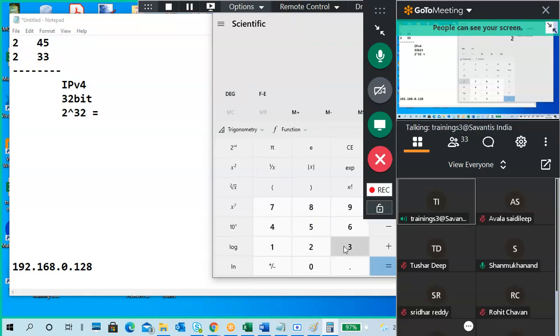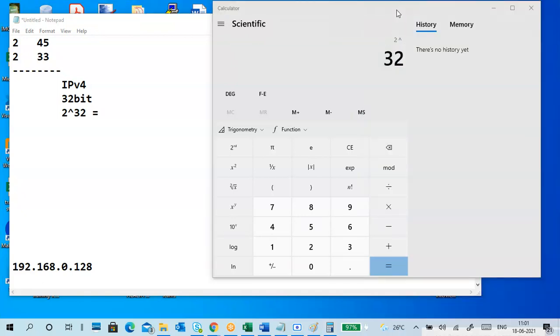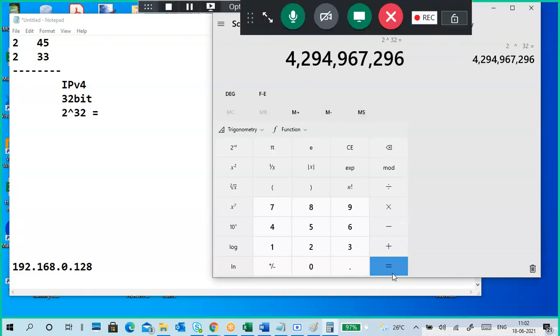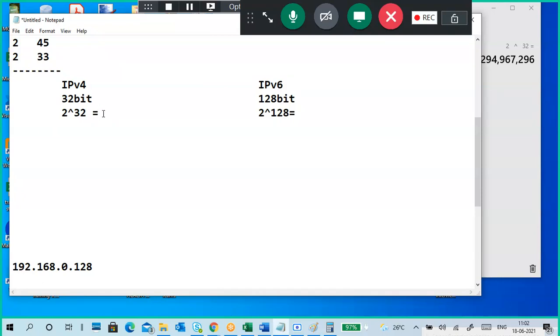It is about 4.3 billion addresses. This is the total size. So overall, it is 4.3 billion IP addresses.